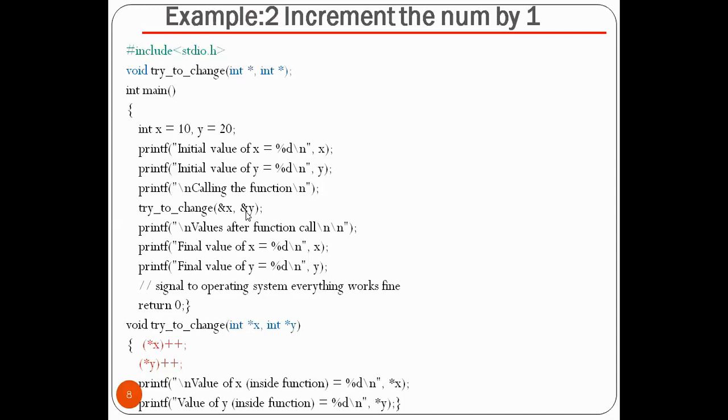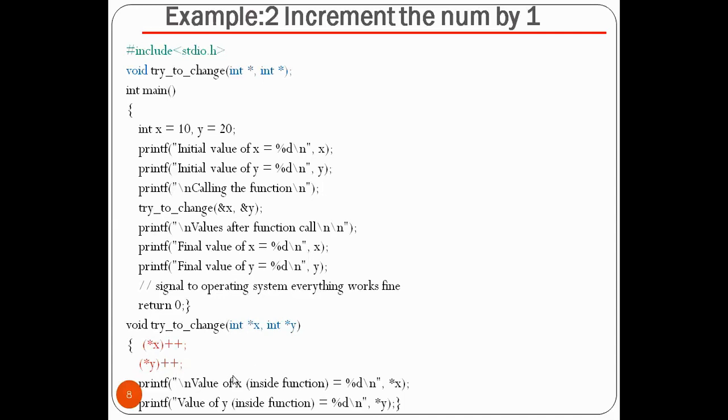Okay? From here, when our function call happens, control will be forwarded to where the function is defined. Here we have the function definition. We have pointer x and pointer y, which are holding the addresses of x and y, remember. And what we are doing, we are incrementing pointer x with plus plus and incrementing pointer y with plus plus, right?